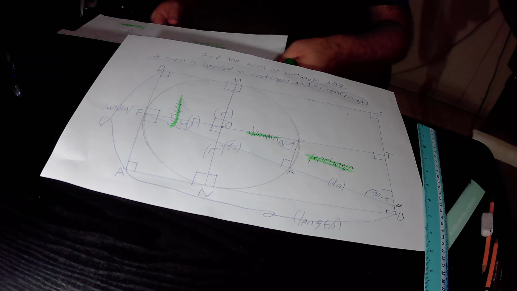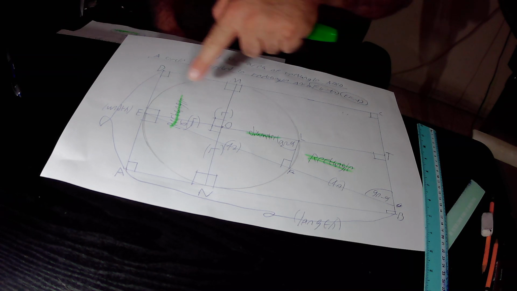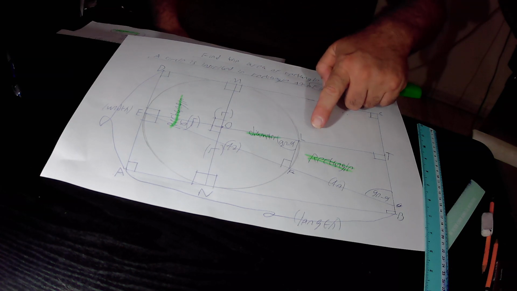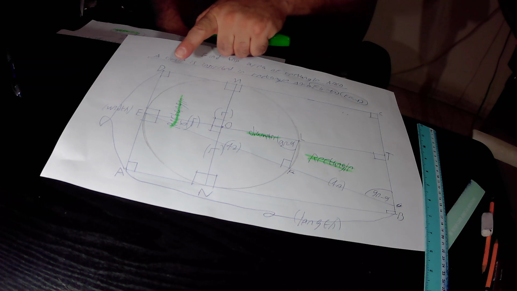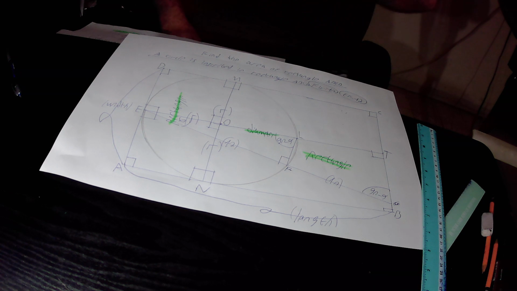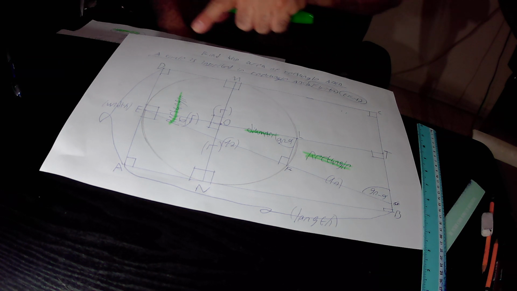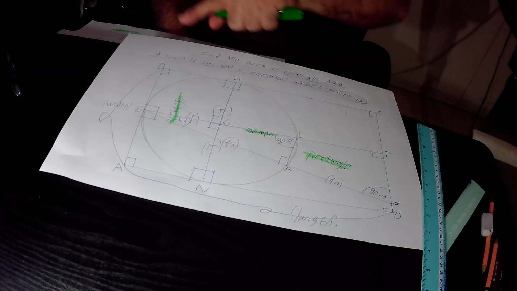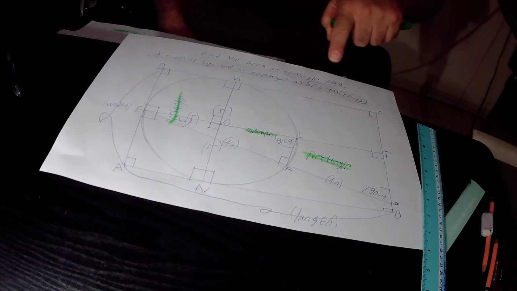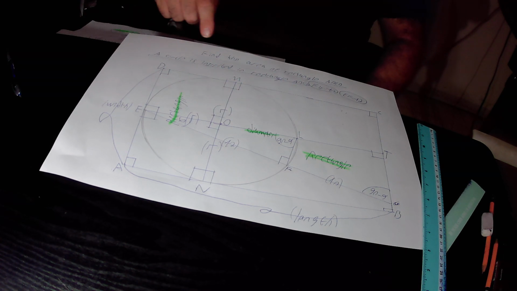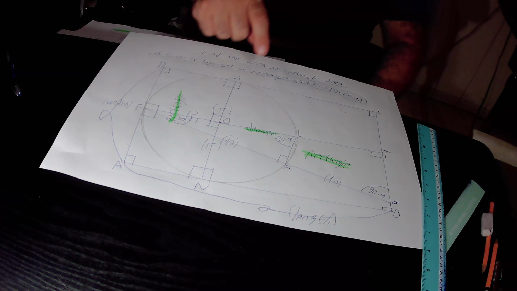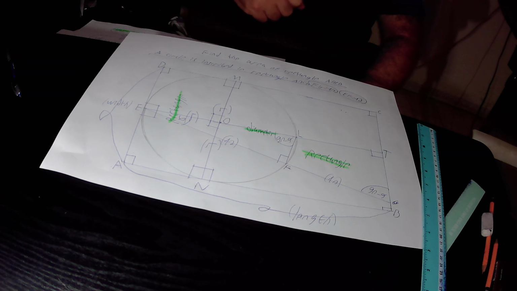In the next step we extend the radius EO by a straight line until it touches the circle at this point L. So actually the radius EO is a straight line, and when you extend a straight line by a straight line, the result must be a straight line. So EL is also a straight line that touches the circle at 2 points E and L. Therefore EL is a chord that passes through point O, and we know that any chord that passes through the center of the circle must be a diameter of the circle.